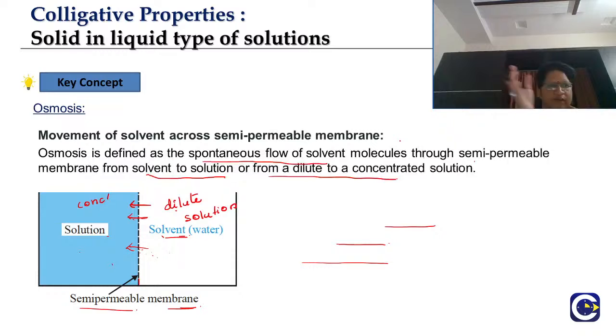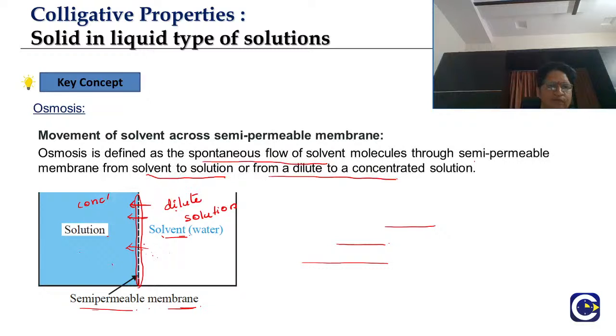And if we prevent this flow of solvent particles through a semi-permeable membrane by applying a pressure, we call it osmotic pressure. A semi-permeable membrane is a membrane which allows only certain particles to flow through it.